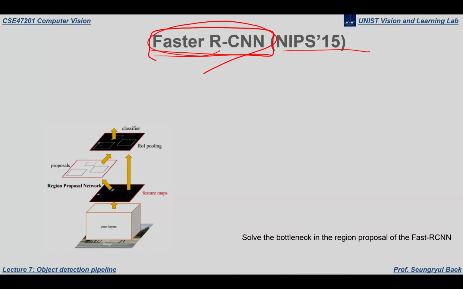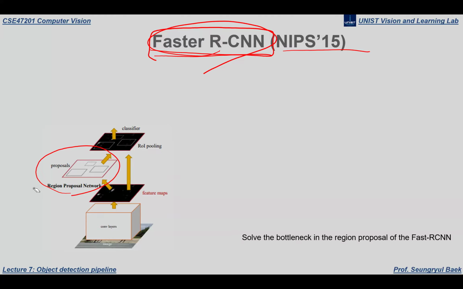Why it is faster than fast RCNN is that they are inferring the object proposals. I mean, object proposals were previously coming from the selective search algorithm, by applying some clustering algorithm and then classifying 1,000 to 2,000 bounding boxes, which may contain objects inside.